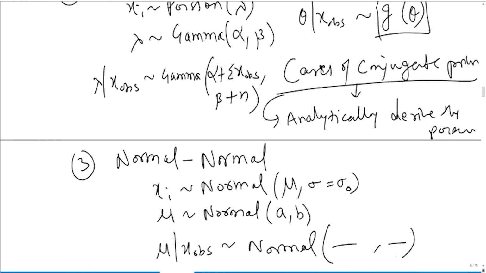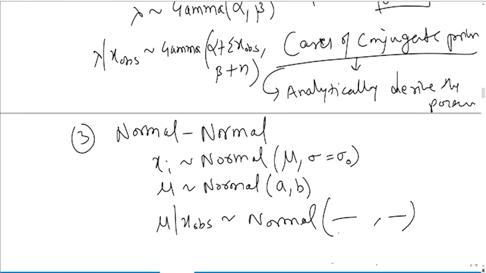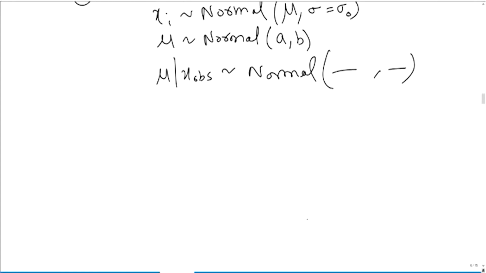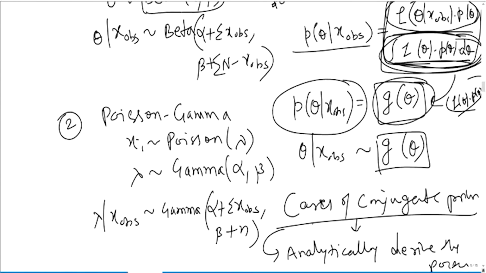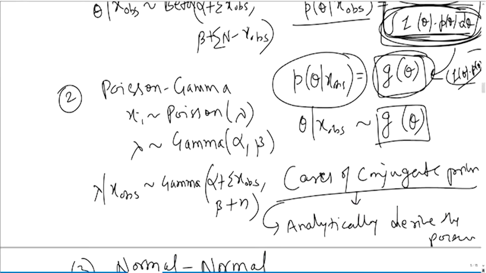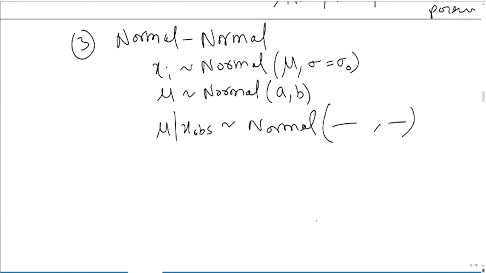It is not important here. You can analytically derive the posterior distribution of mu in this case as well. So, these are cases of conjugate priors where you can analytically derive the posterior distribution of your parameters of interest. Let us take one example and see how it works.